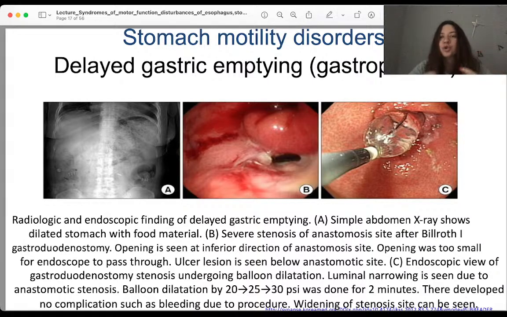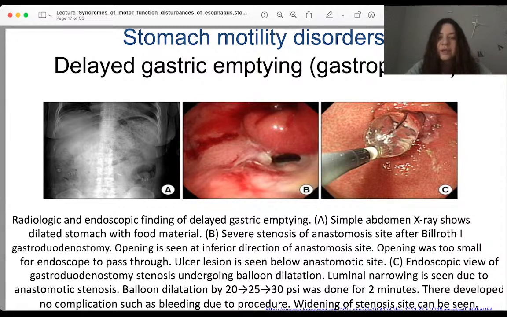It is a postsurgical complication with obstruction of the pyloric region and gastroparesis. The opening is in an inferior direction of the anastomosis site. The opening was too small for the endoscope to pass through. An ulcer lesion is seen below the anastomotic site.